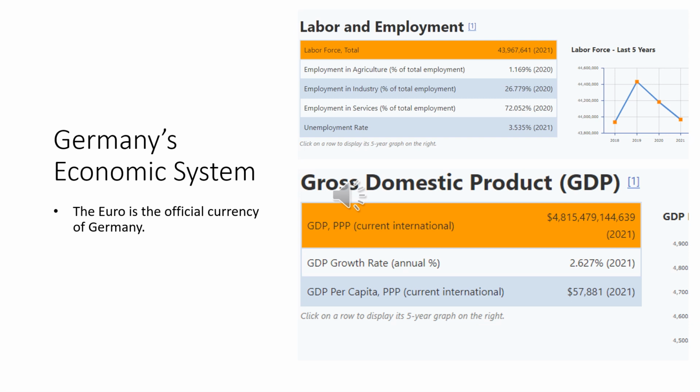I've given you a few statistics on the labor and employment. As you can pretty much see, they broke down the employment within the agricultural, the industrial, and the services, and the unemployment rate.